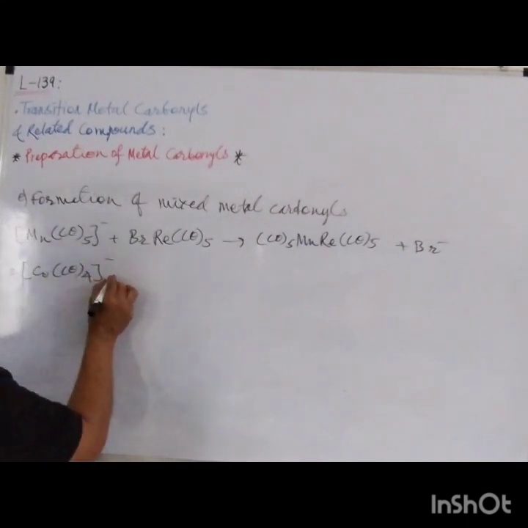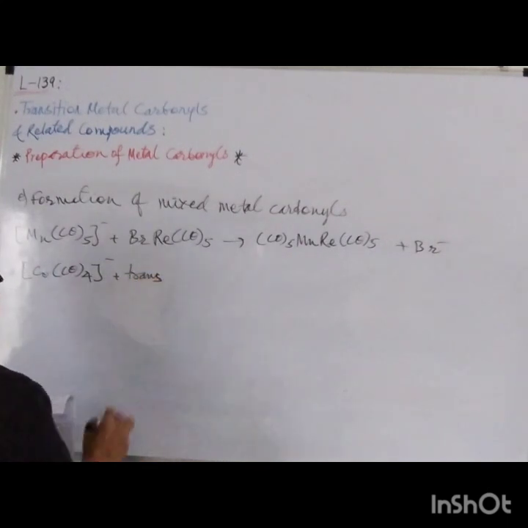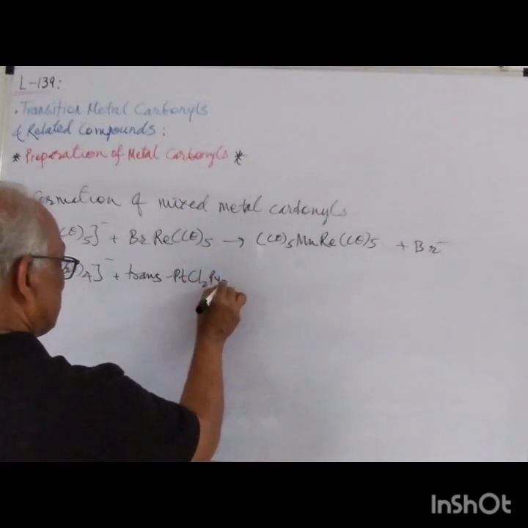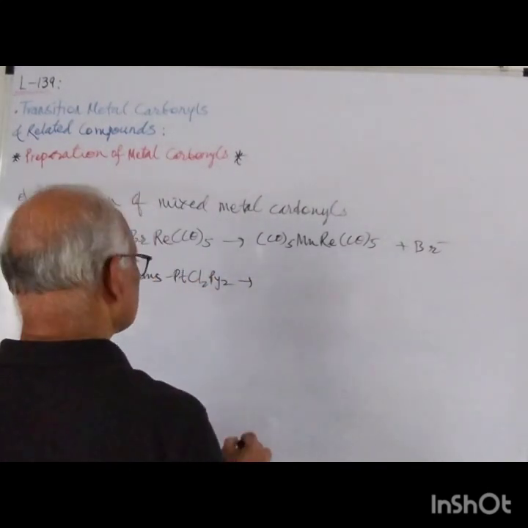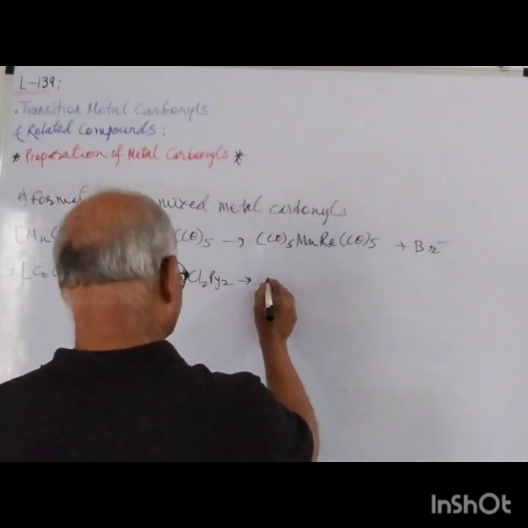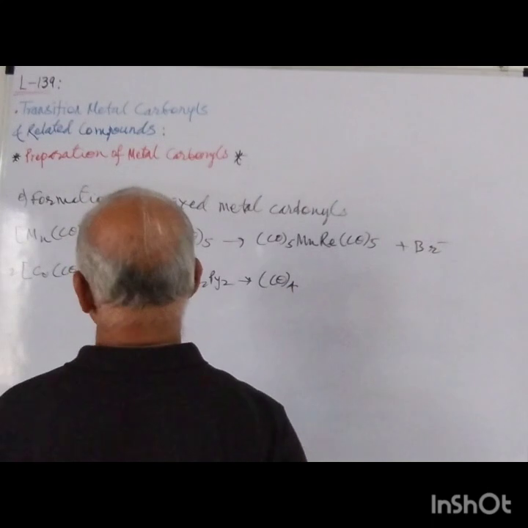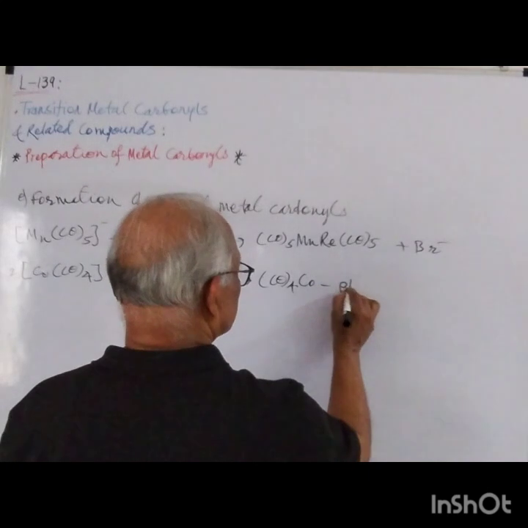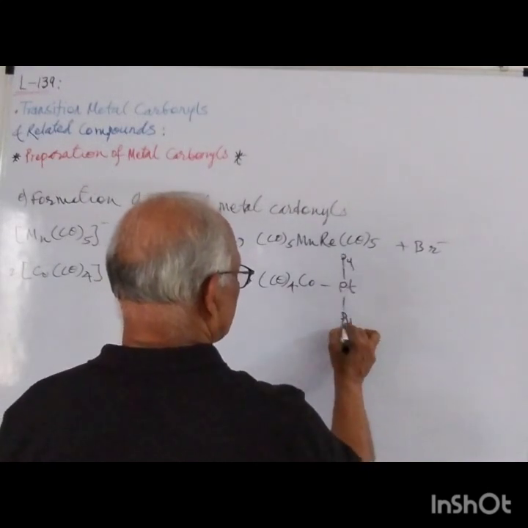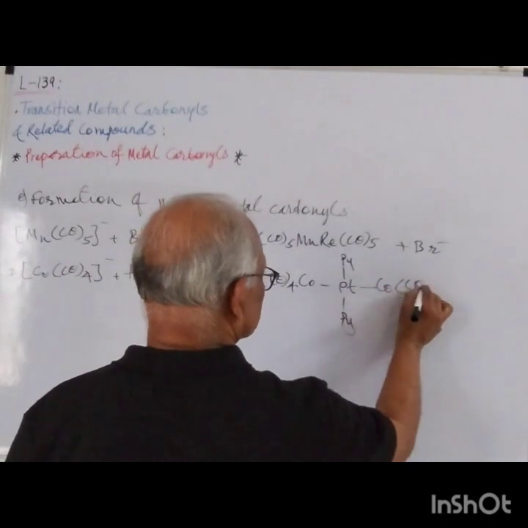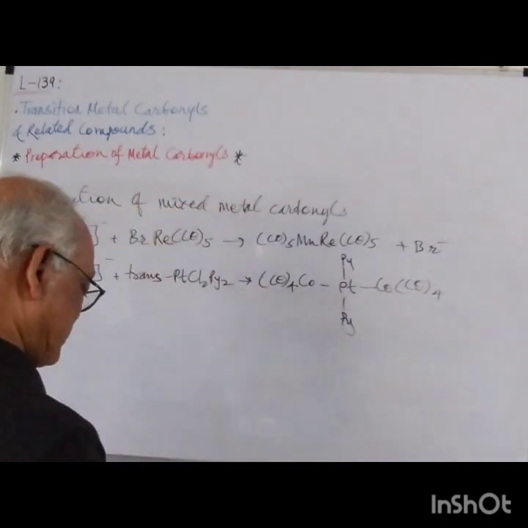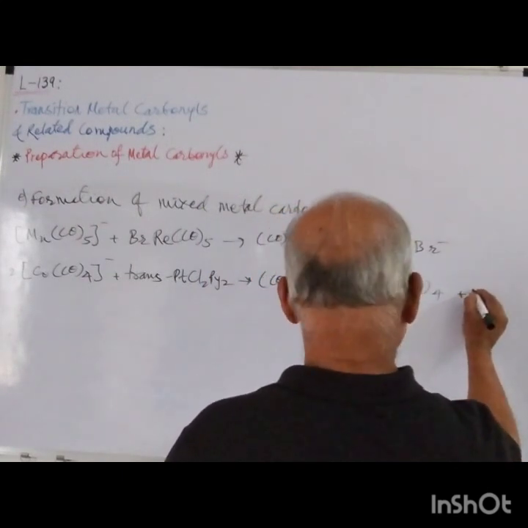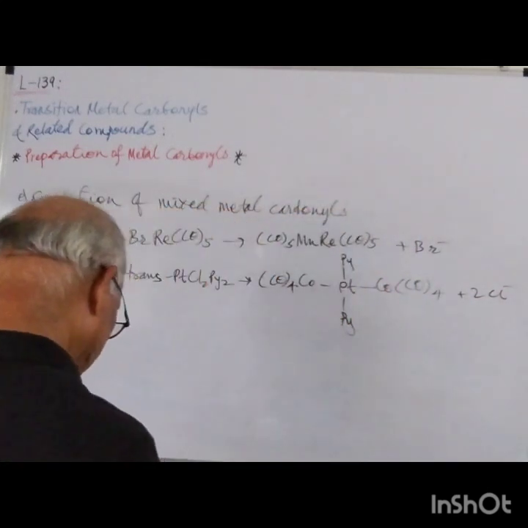Another example is twice Co(CO)4 minus plus trans PtCl2(Py)2. So it gives (CO)4Co-Pt(Py)(Py)-Co(CO)4 plus twice Cl minus.